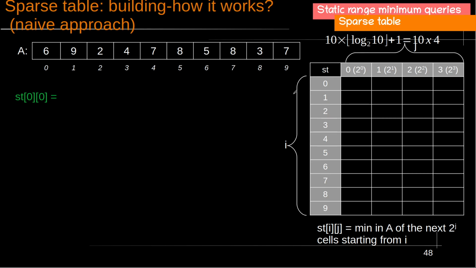We have the rows represented by the pointer i, from 0 to 9, which is the n elements, and the columns represented by the pointer j. We have 4 columns: column 0 represents 2^0, column 1 represents 2^1, column 2 represents 2^2, and column 3 represents 2^3.